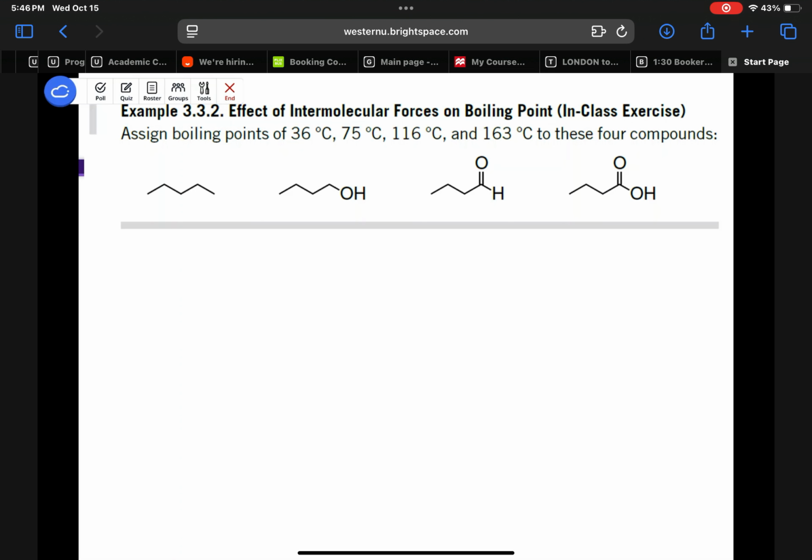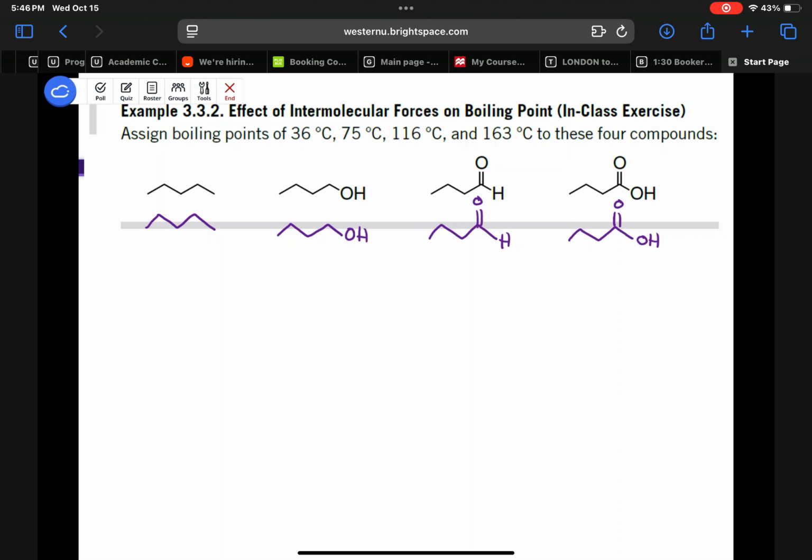So let's take a look at these 4 molecules, and remember that we're talking about intermolecular forces. So I'm going to draw out a second molecule of each to remind us that it's the attractive forces between molecules that we're actually rating here. So starting with the molecule on the left, 1, 2, 3, 4, 5, so pentane.